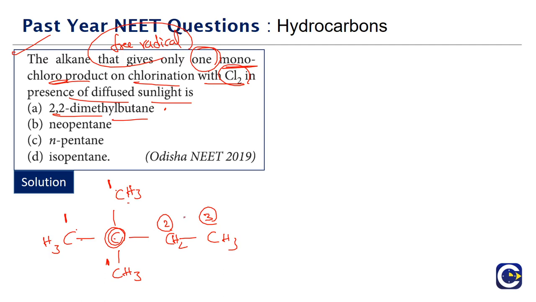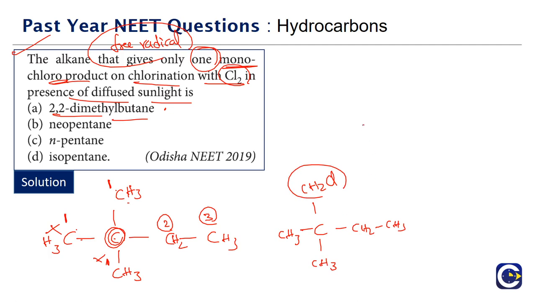Let me write down and show it to you. How many compounds can we get? CH2Cl, CH3, CH3, CH2, CH3. This is one. I am not doing it from the other identical methyl carbons, because they give the same identical product. Whether the CH2Cl is here or here or here, it doesn't matter.